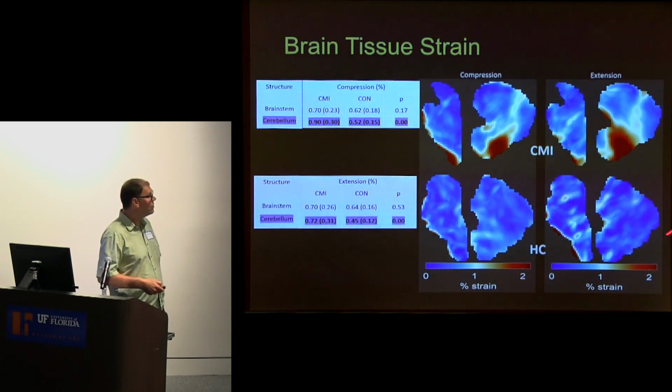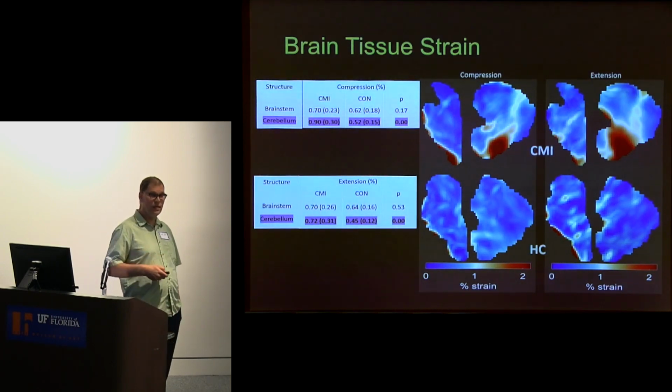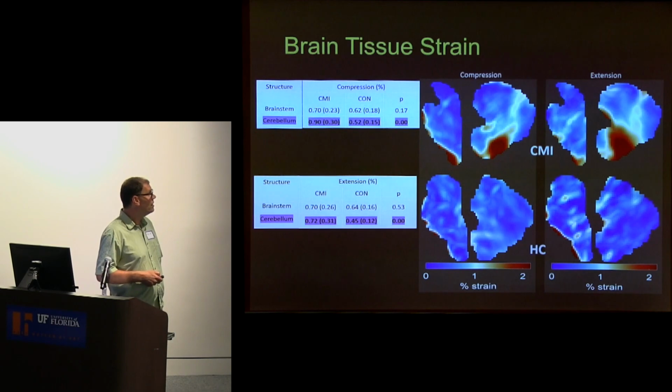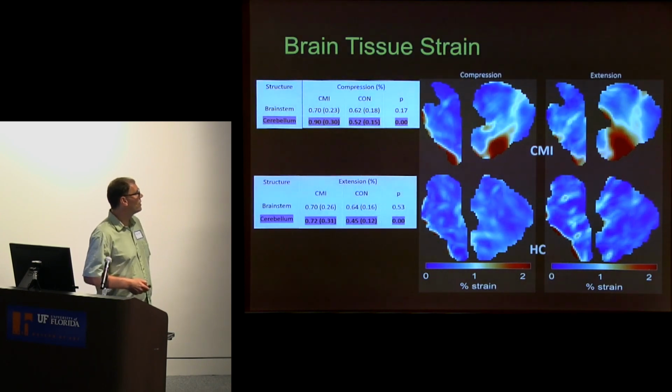So we had to do some smoothing to the data that's described in the journal paper in order to not have crazy results here. So you can see pretty quickly that there's a lot of blue and white here, and then you get some kind of red peaks here and there. And so this is compression, this is extension for the Chiari, this is compression and extension for the healthy control.